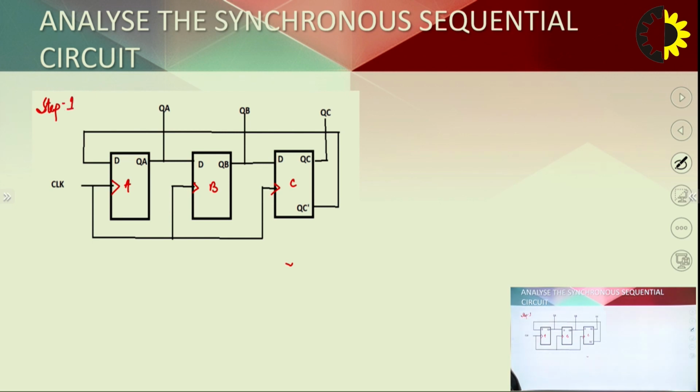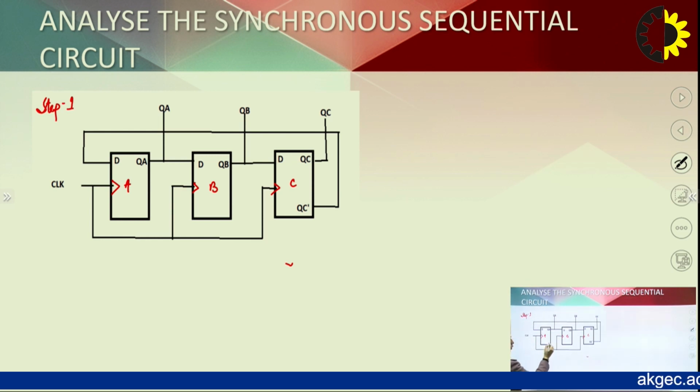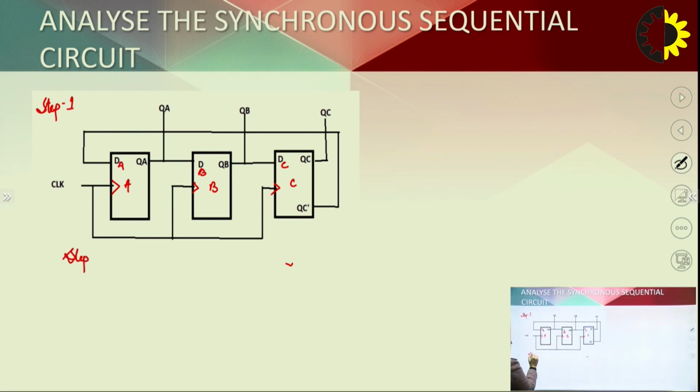Second step is we have to find out the inputs of each flip-flop, right? So let these inputs be named DA, DB and DC. So step 2, inputs to each flip-flop.